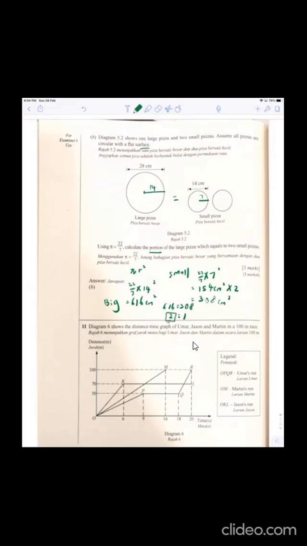So divide by 2, so become 1, then 1/2. You can write 1 large pizza equal 2 small. This one is half large pizza equal to small pizza. So this is the answer.